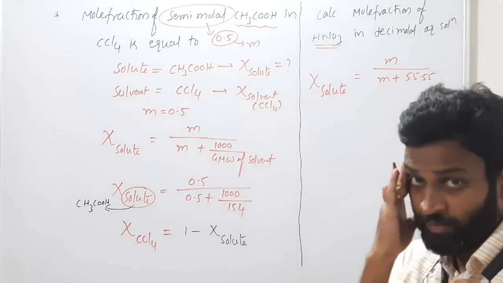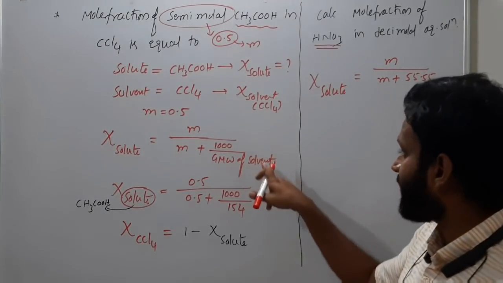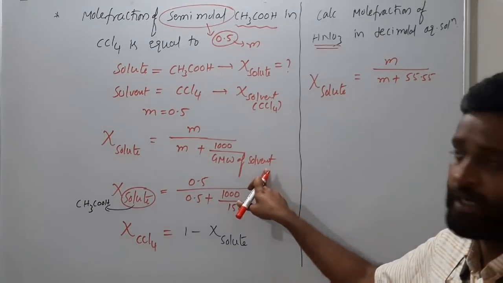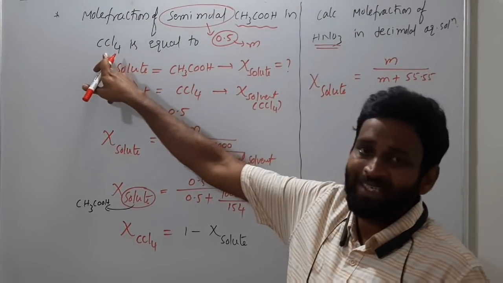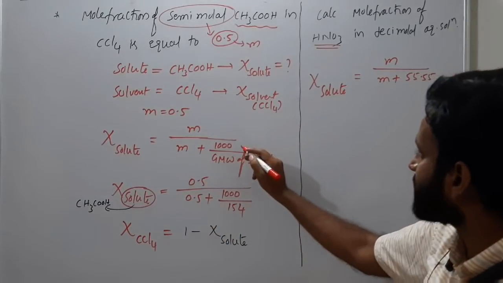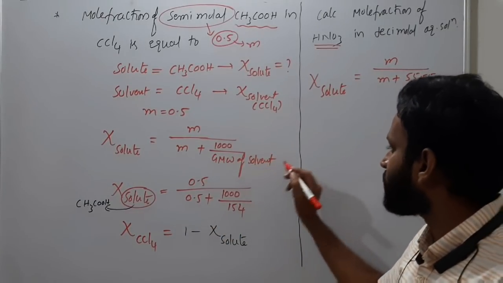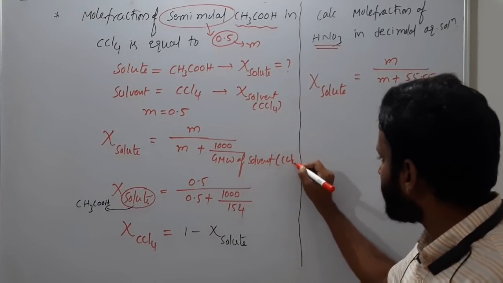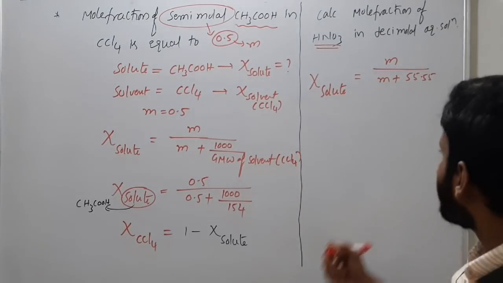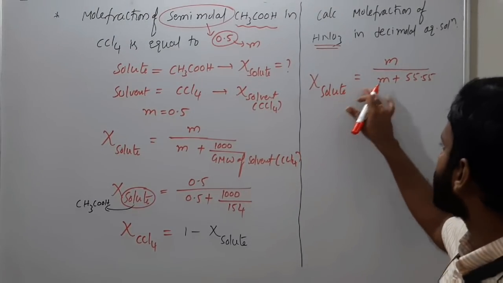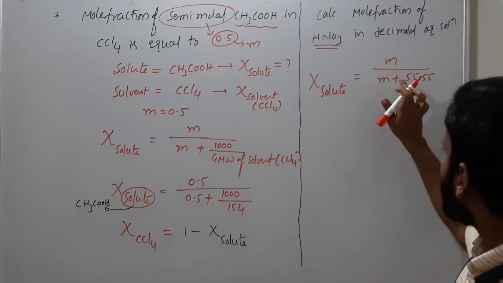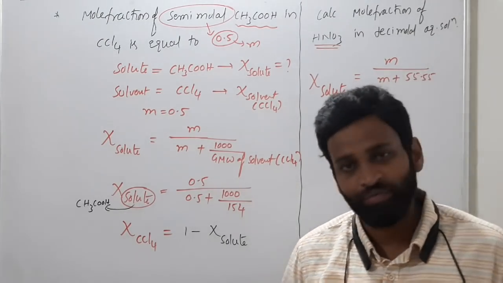How do you know, sir, 55.55 here? Before, 1000 by gram molecular weight of solvent was taken, because CCl4 is not water. So we consider 1000 by gram molecular weight of solvent. Who is the solvent in that numerical? CCl4. But whereas here, mole fraction of solute is equal to molality by molality plus 55.55.